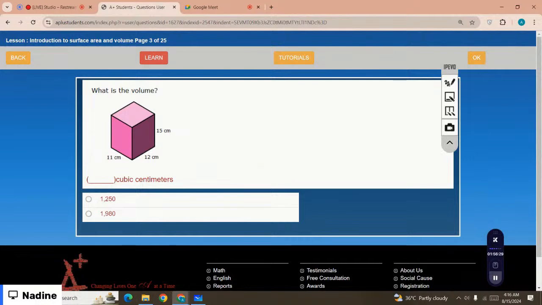The volume of the prism is length times width times height. So you have to do 11 times 12 times 15.